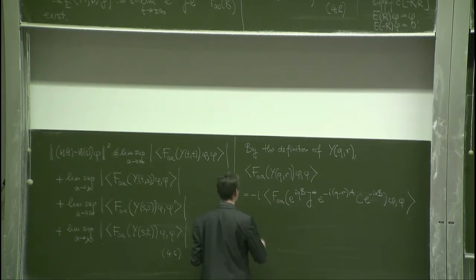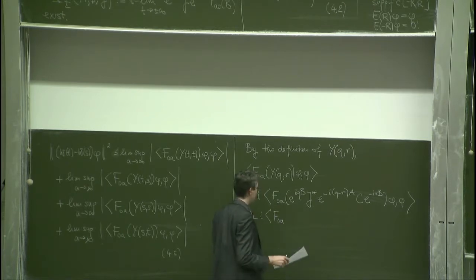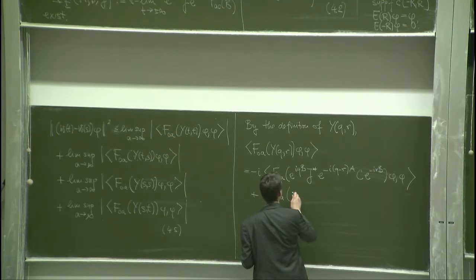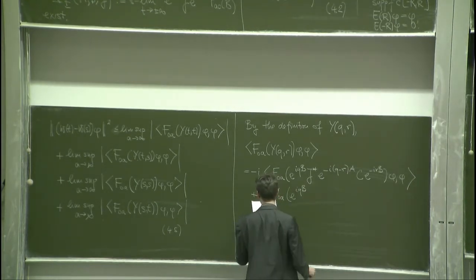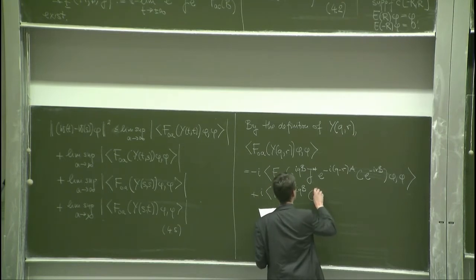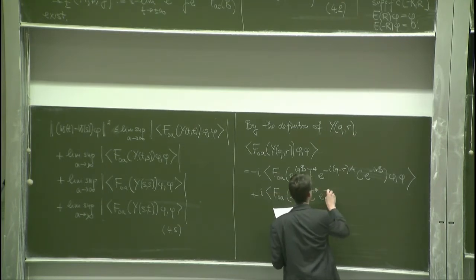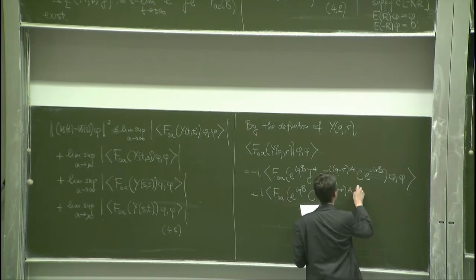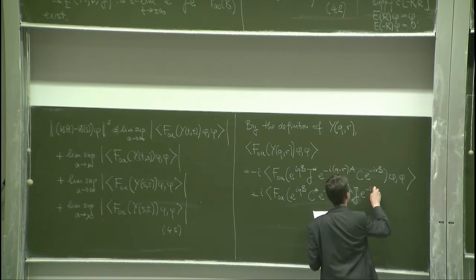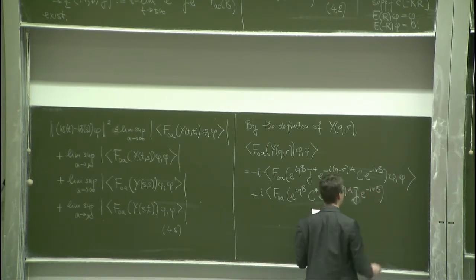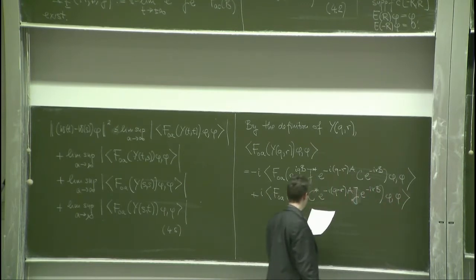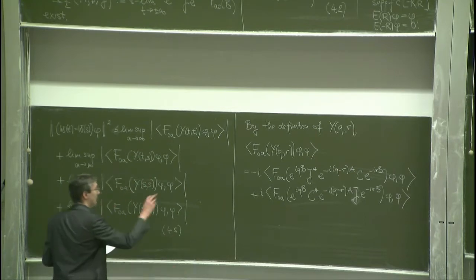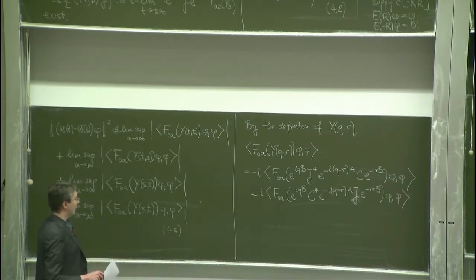This is the first term, plus i scalar product f of 0 and a, exponential i qb c star, exponential minus i times q minus r, a, and then the j, exponential minus i rb, phi times phi. Yeah, I've simply plugged in the definition of the y, now in terms of the variables q and r.